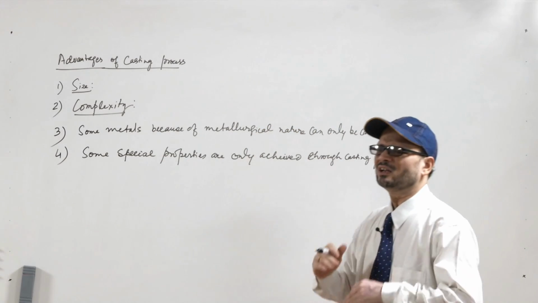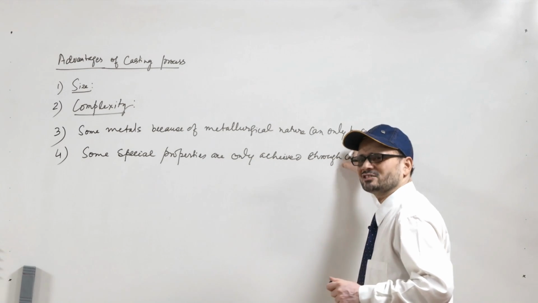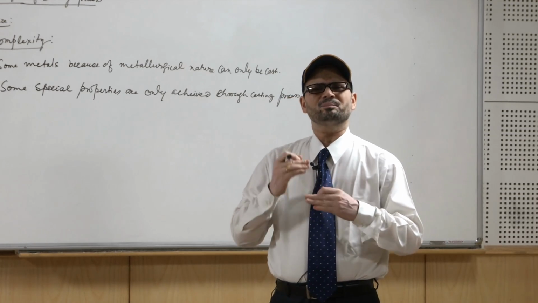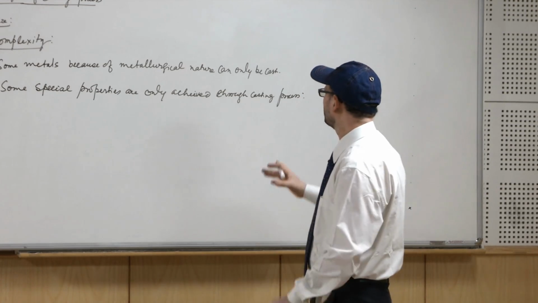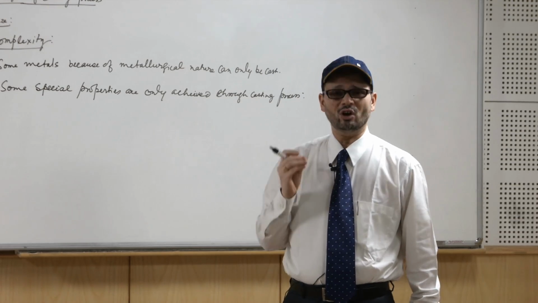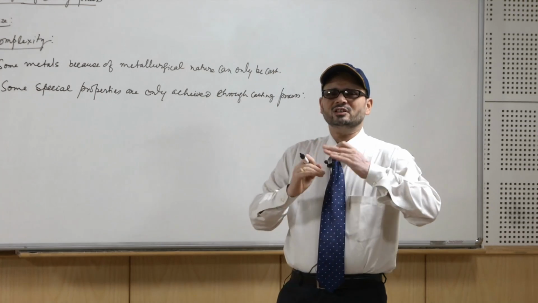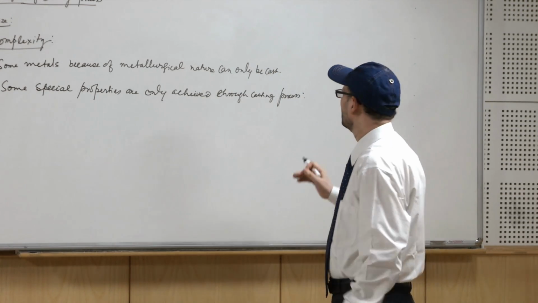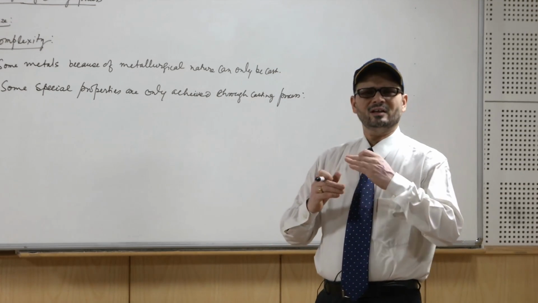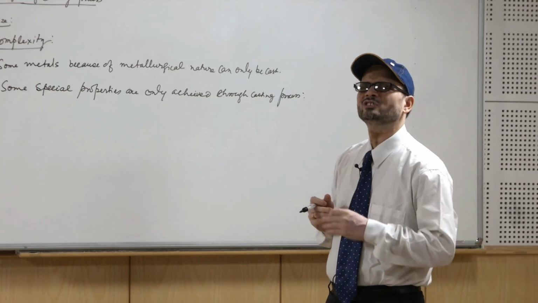They cannot be achieved if we make the product through the forging route, like what we discussed about cast iron. Cast iron has good machinability and good damping property because of the presence of carbon in terms of graphite flakes, which are soft, and that is why it gives very good machinability as well as a cushioning effect that gives good damping. Another example is bearing metals. That property is also achieved only in case of casting.